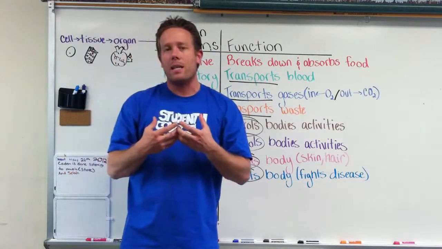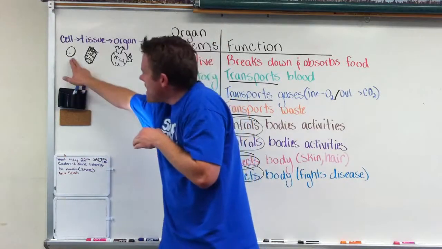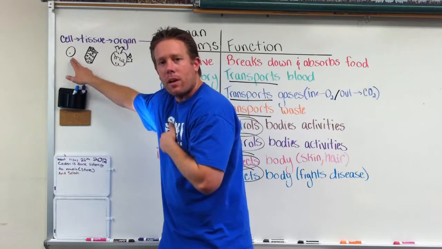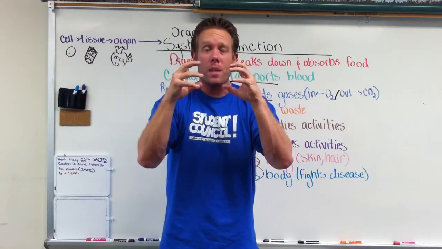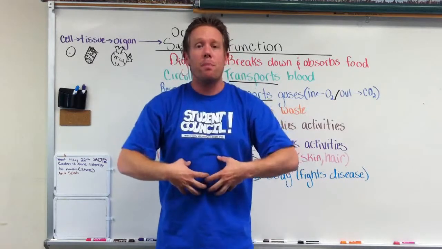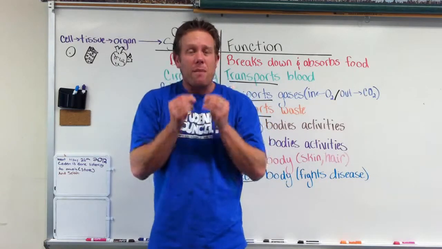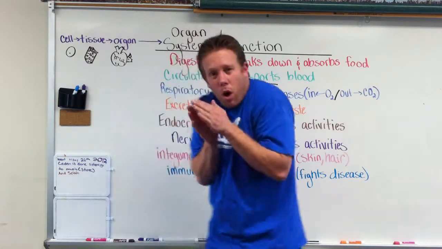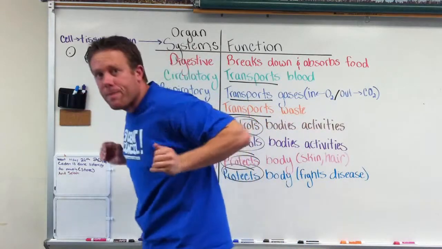So for example, if you have a whole bunch of organs that are all working together to do a complex activity like breaking down food so that it can get inside of this small cell here. We talked about in class how this big old burrito has to get broken down physically by your teeth. It has to be broken down physically by your stomach. The pieces of that burrito have to be so small that they can go through the walls of your small intestine.